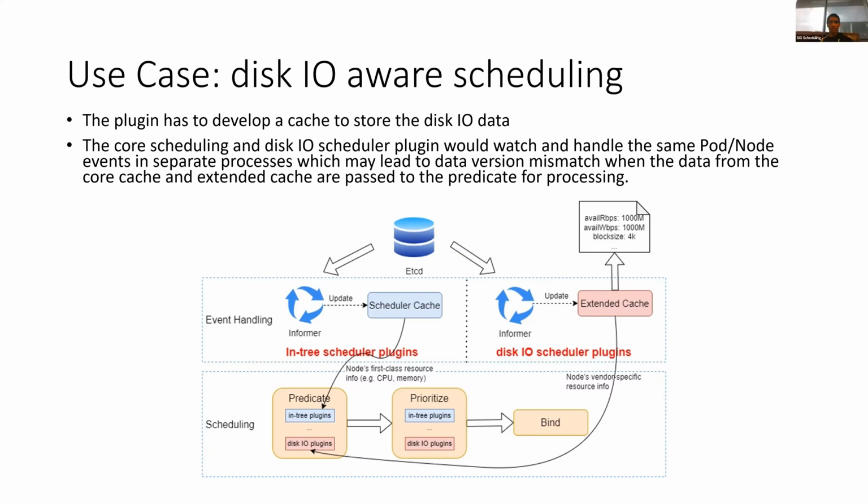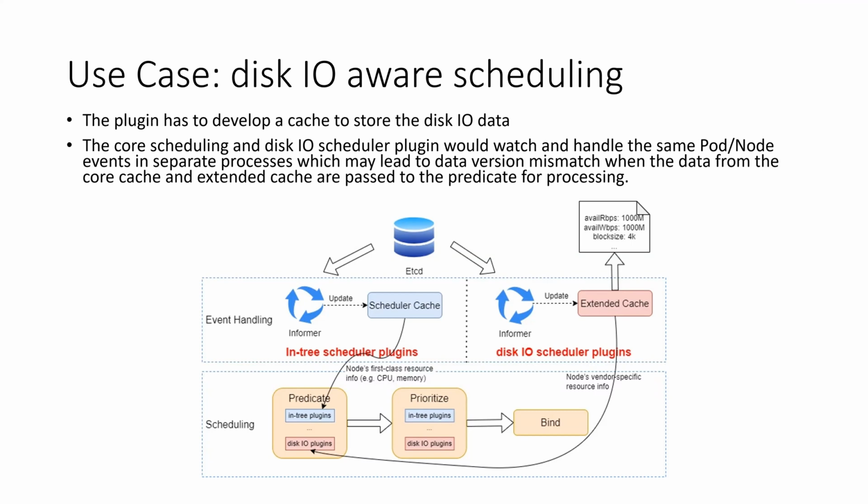And where is this information coming from? Is it stored in etcd as a CRD, or what is it? Yes, it's stored in the CR, and we use an informer to watch the CR and update the latest resource information from this CR.